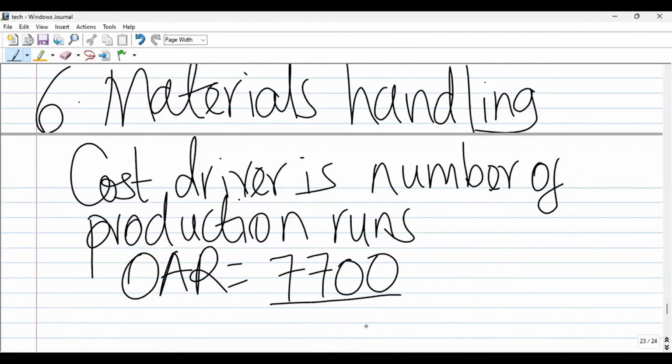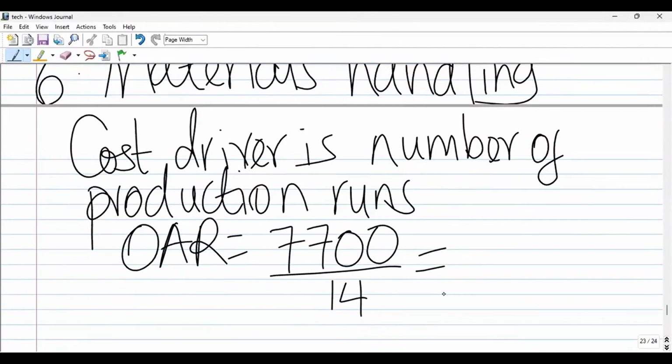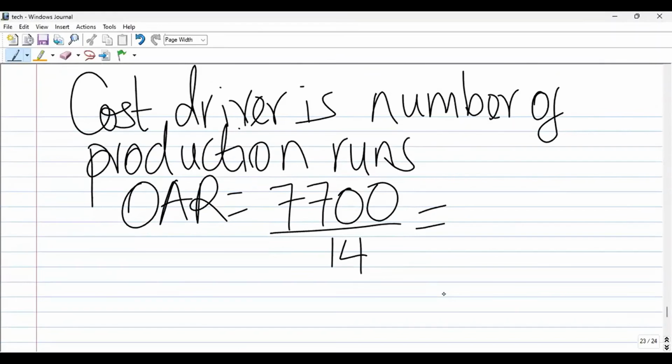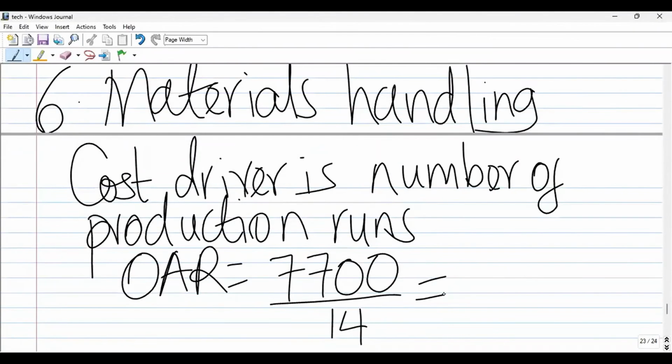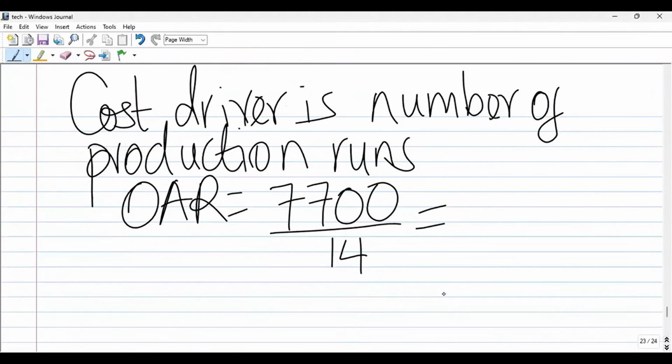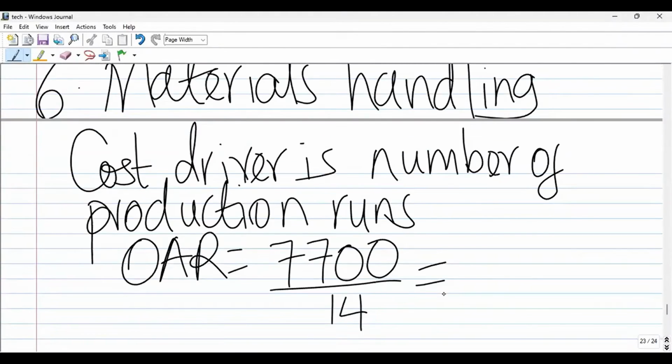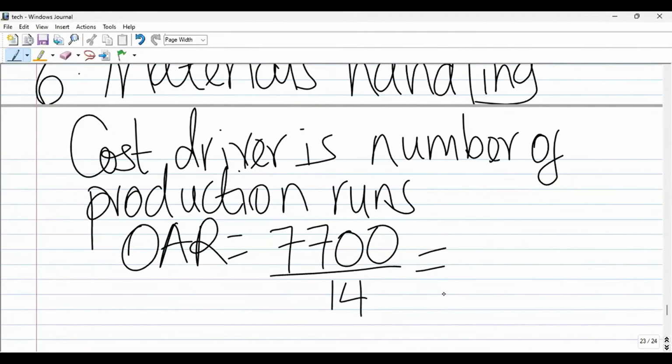Madam, do you mean that if any item is machine related, we use the production runs? Depending, because if they give us the ordering cost, we use number of orders. Sometimes the examiner may not even give you number of production runs, and he gives you other factors. So it depends on what he has given you in the question.